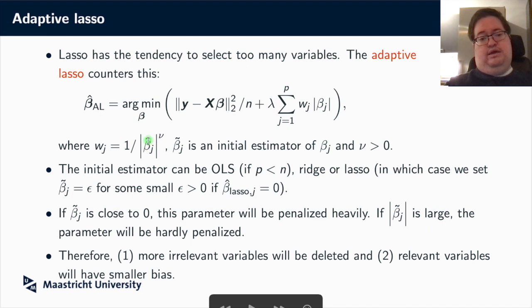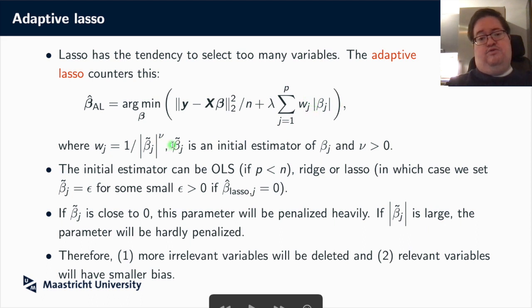The idea being that if your initial estimator shows a large coefficient, so this would be an important variable, you give it a low weight because 1 over something large will become small. And so the penalty for that particular variable will become small.